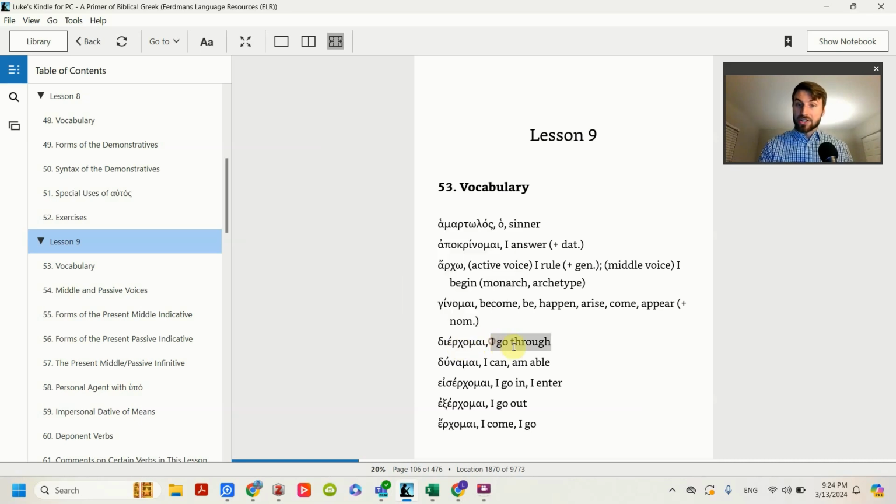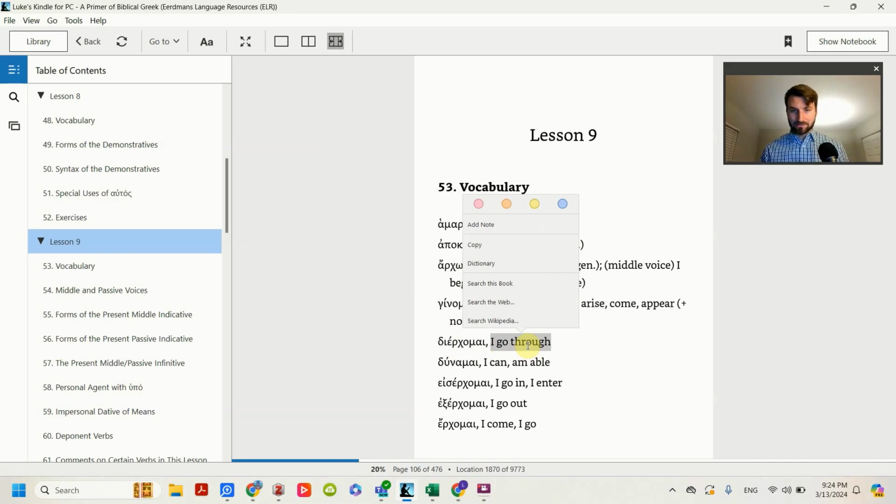And in English, we translate it as active. The debate is over how we should understand it in Greek. And a lot of people are saying that we should understand the subject as being affected in some way.